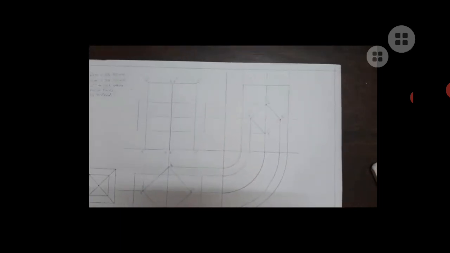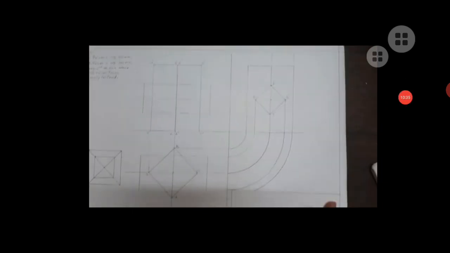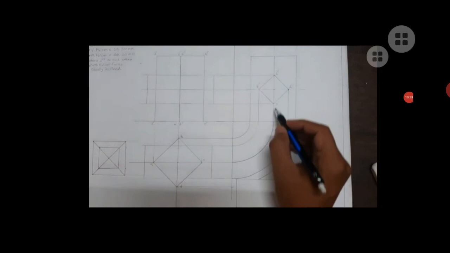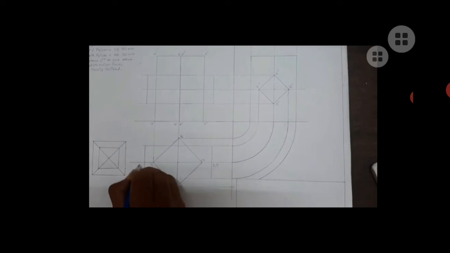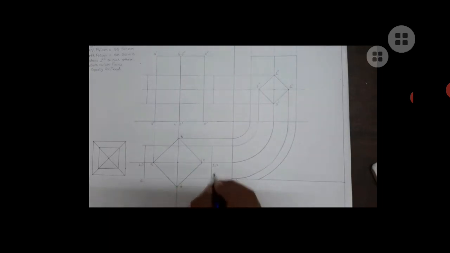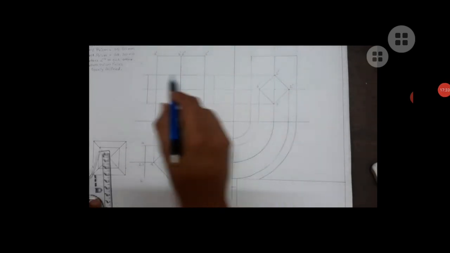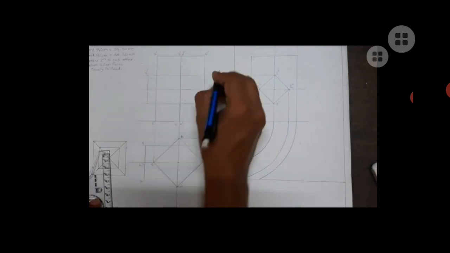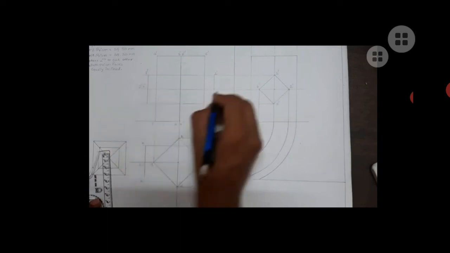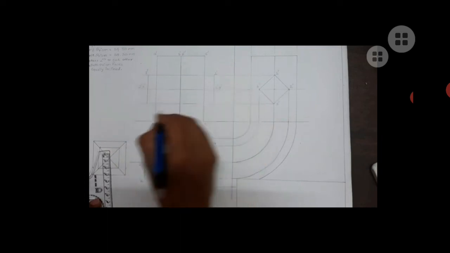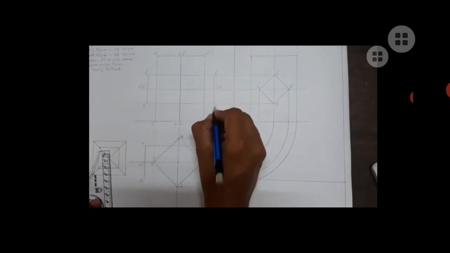So take points using the length 1, 3, 2, 4. So mark these points 2, 2, 4, 4. So the same for 4, 1, 1 dash, 2 dash, 3 dash, 4 dash.